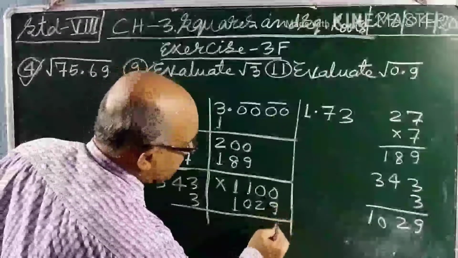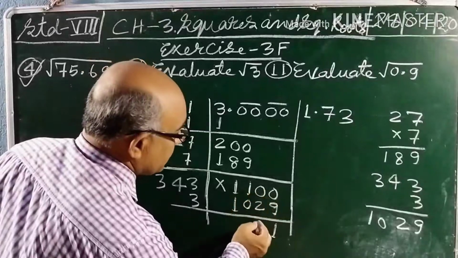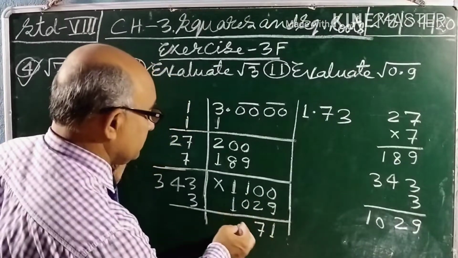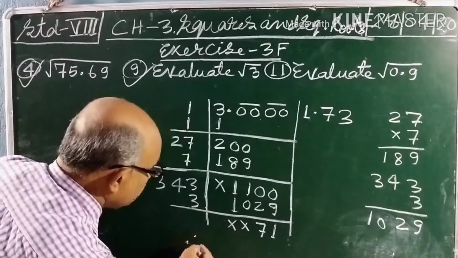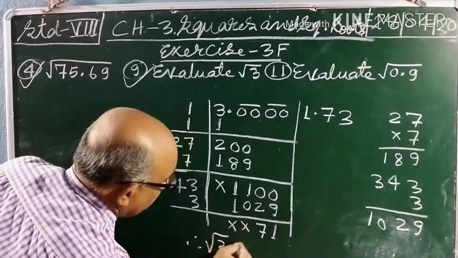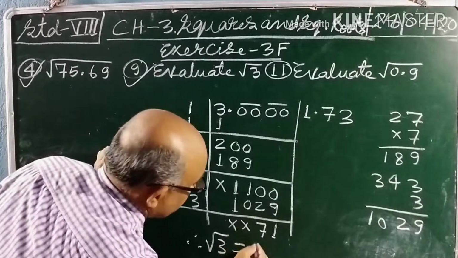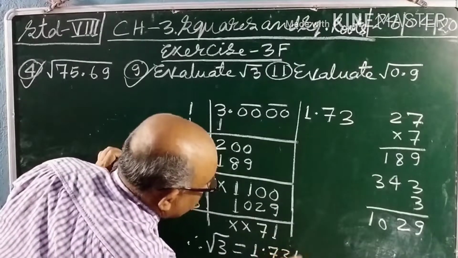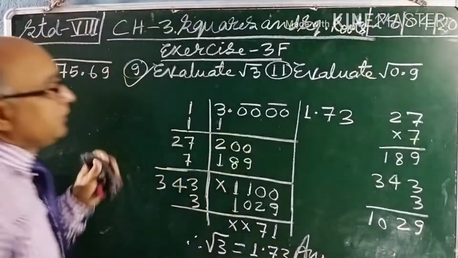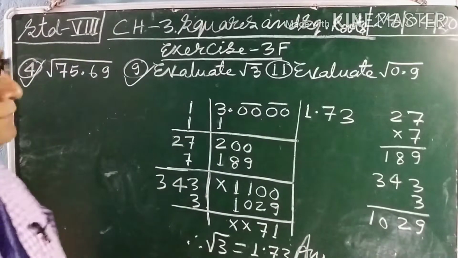So 10 minus 9, 1. 9 minus 2, 7. So therefore, the value of root 3 to 2 decimal places is 1.73. Answer. Write also this question.